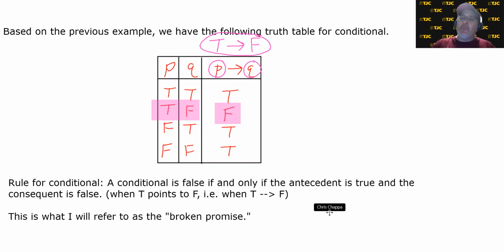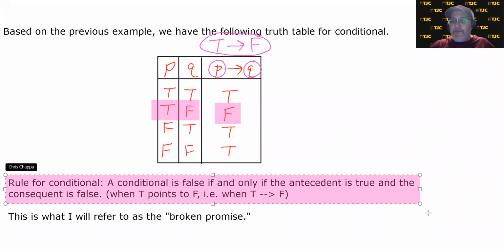So in the future, when we evaluate truth table columns and we're at a conditional, I will ask you, do you remember what the broken promise is? The broken promise is when the first part was true, but you did not commit to the consequent, you broke your promise. Know this table, or more importantly, know this rule. And in the future, I will refer to it as the broken promise.